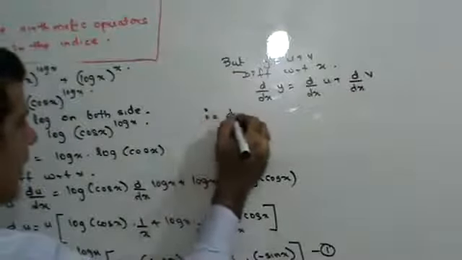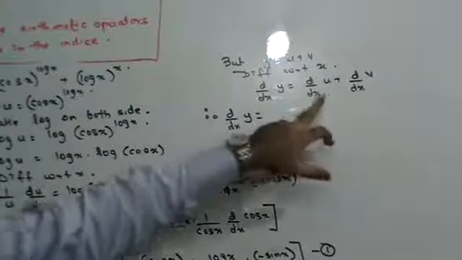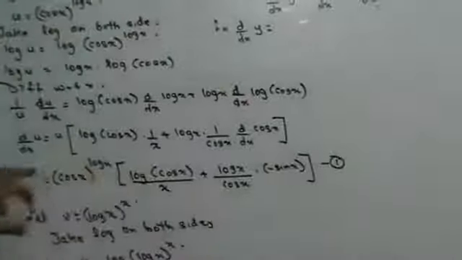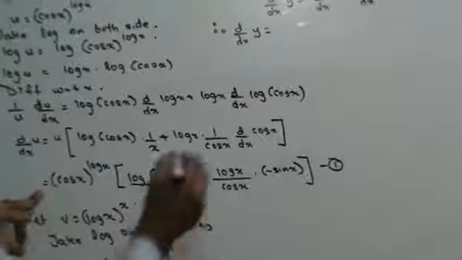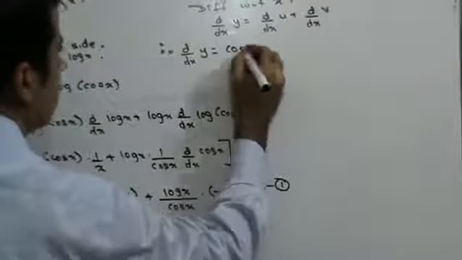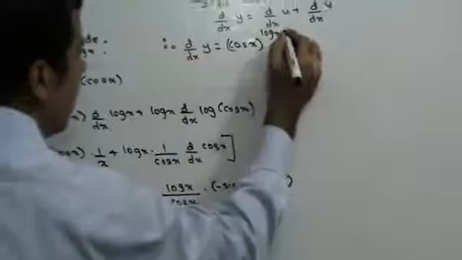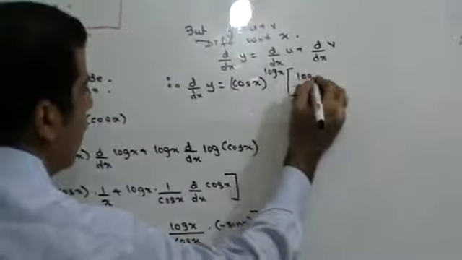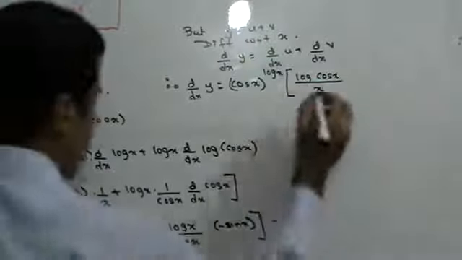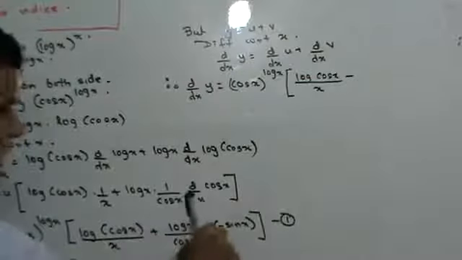Therefore, d by dx of y is d by dx of u, you will get from the first equation, which is nothing but cos x raised to log x into log cos x upon x plus, now see this, plus into minus is minus.